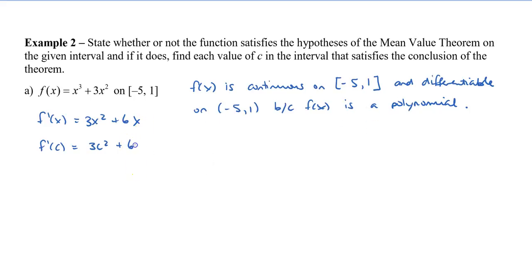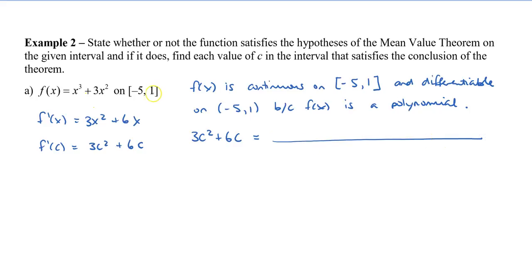So I'm going to now say that 3c squared plus 6c is equal to, and what I'm going to do is put -5 and 1 into my function because that's how I find the slope.